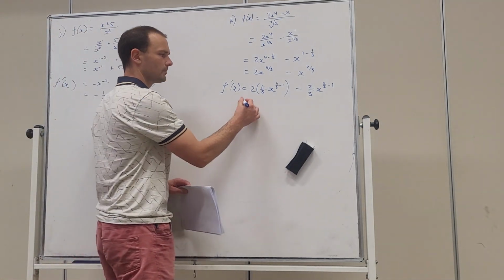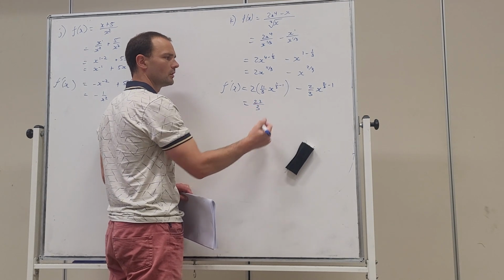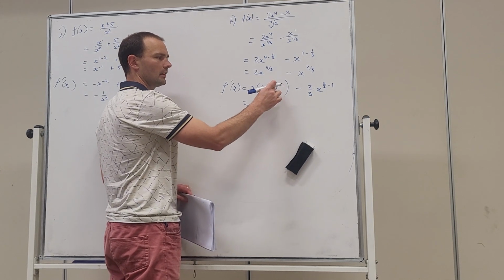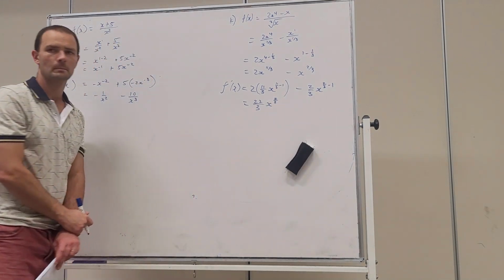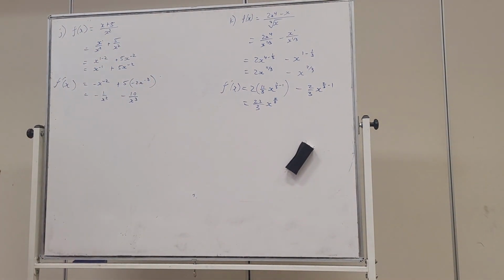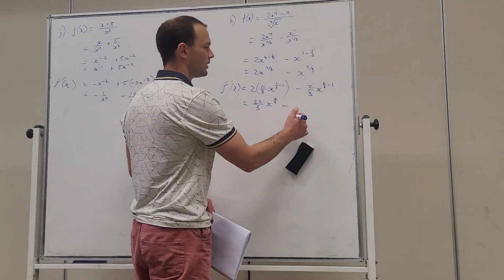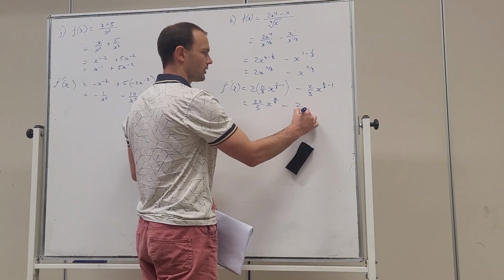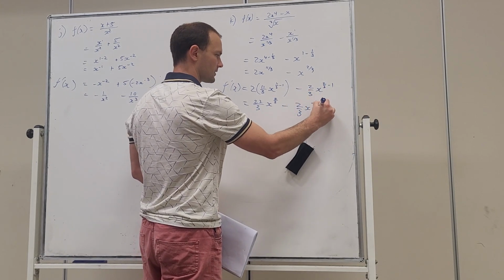Okay, and then just to simplify, 2 times 11 on 3, 2 times 11 is 22. And then we have at the top here, 11 on 3 take 1 will be 8 on 3. And over here we've got 2/3 of x to the power of 2/3 take 1 will be minus 1/3.